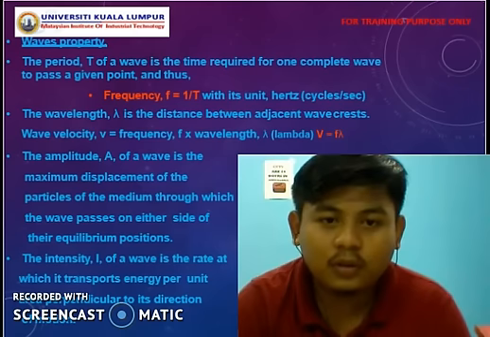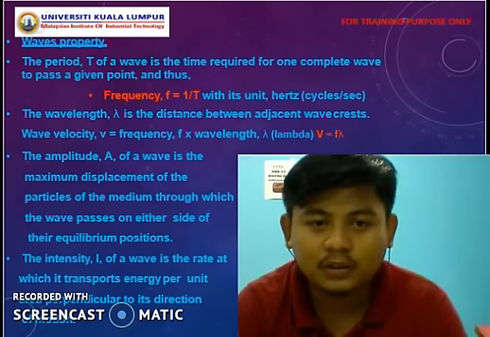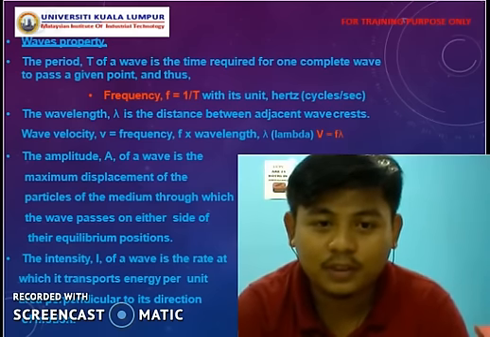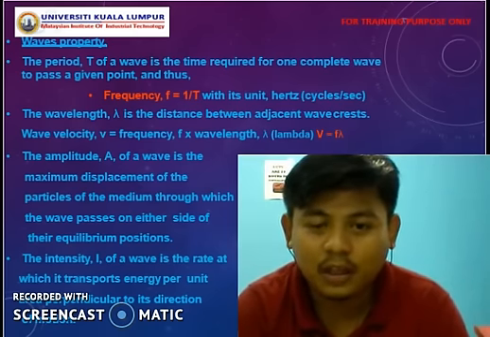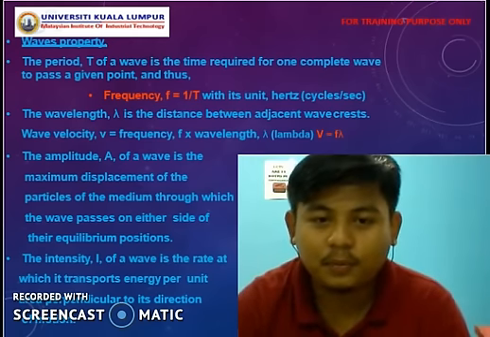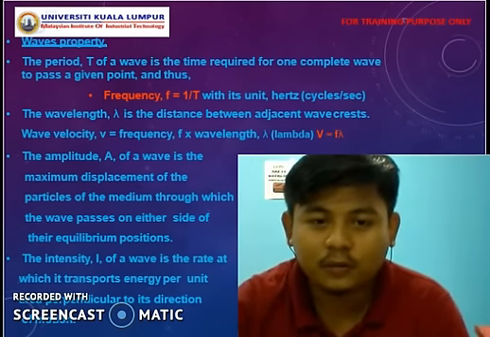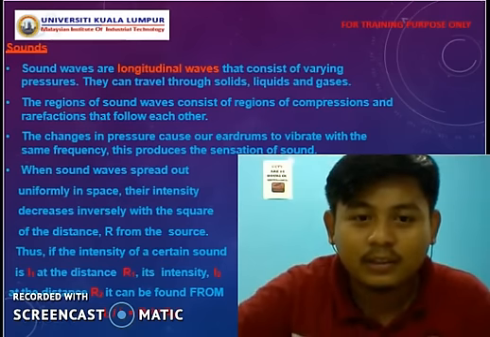The amplitude A of a wave is the maximum displacement of the particles of the medium through which the wave passes on either side of the equilibrium position. The intensity I of a wave is the rate at which it transports energy per unit area perpendicular to its direction of motion.